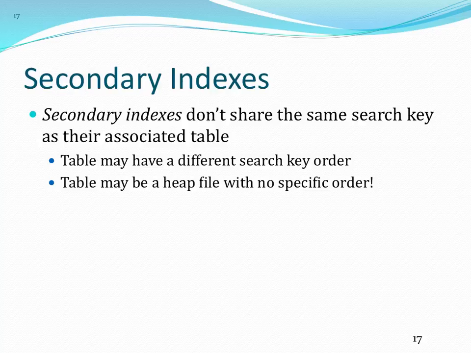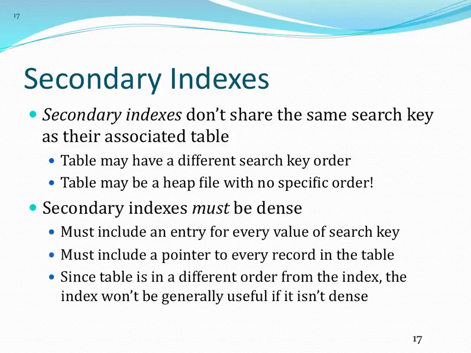So in that situation, all of our indexes that we build in most of our database systems are secondary indexes. They're in a different order. In this situation, the index has to be dense because if it's not, it may simply not be possible to look for certain records without scanning the entire file.